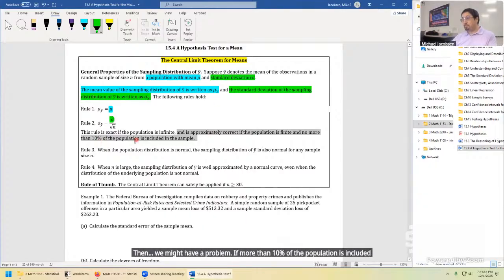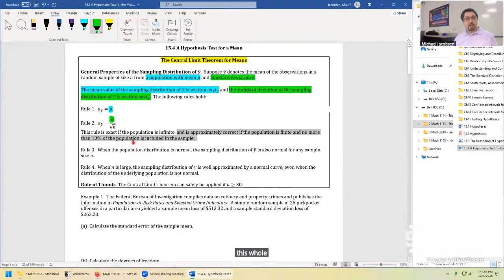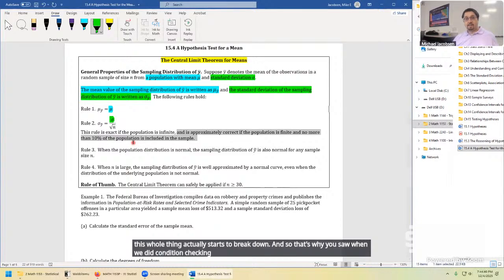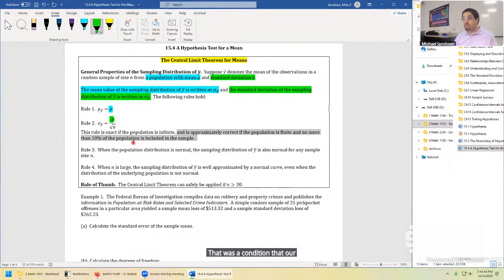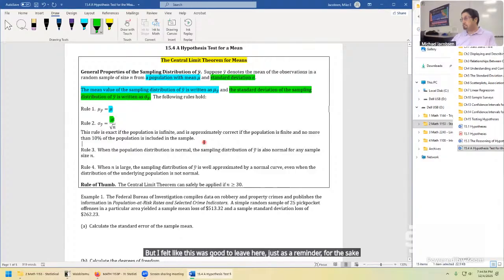This whole thing actually starts to break down. And so that's why you saw, when we did condition checking a little bit more carefully with categorical data, that there was a condition that our sample can't exceed 10% of the population size. We're not going to check the conditions super carefully in this section, but I felt like this is good to leave in here just as a reminder for the sake of completeness.